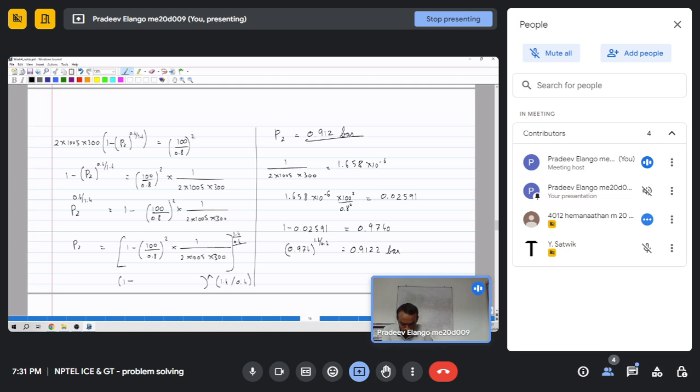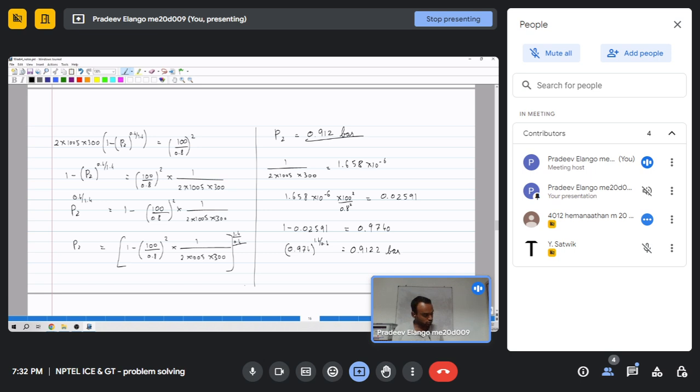Then here we put 1 minus 100 square divided by, you start a bracket, 0.8 square into 2 into these things. If you are able to put the braces correctly using a scientific calculator, you can solve this in one stitch. That will save a lot of time. You should practice for that. For GATE nowadays you have the online calculator, but this will save a lot of time if you know how to do it in one go.